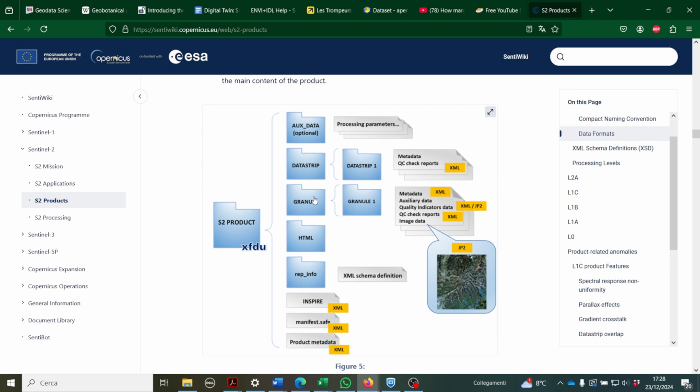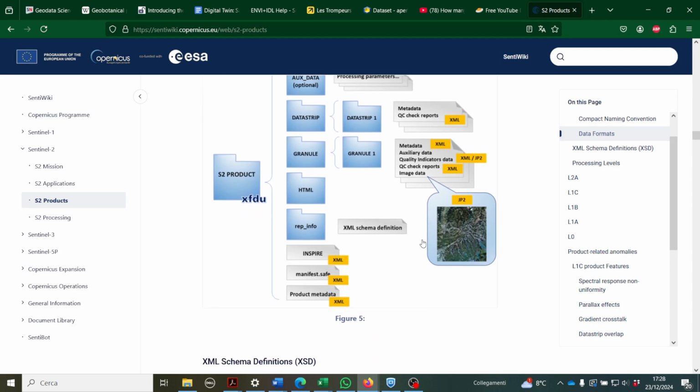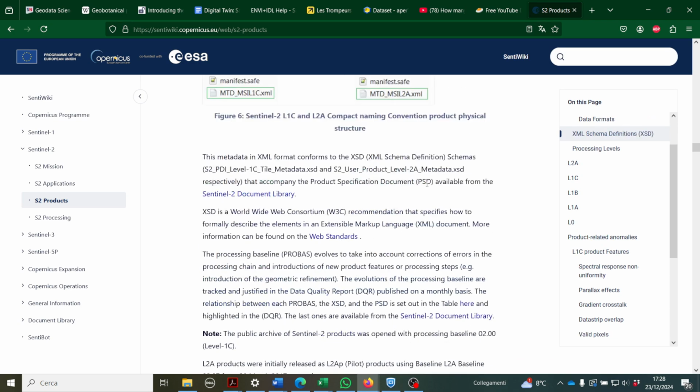We can find the data in the granule folder, where you have all the bands, but also the metadata and the header file. That is what we use, as described in the part where I upload Sentinel-2 data in ENVI, with the particular procedure that ENVI uses to automatically open this kind of external file. It is defined in this part here.